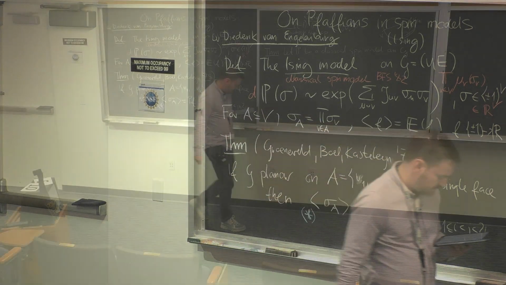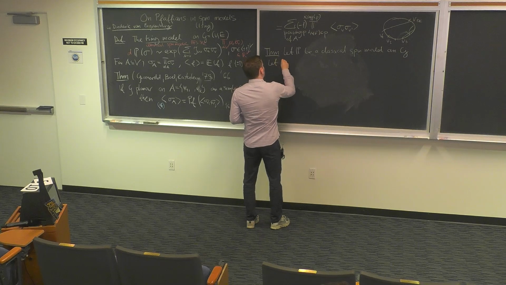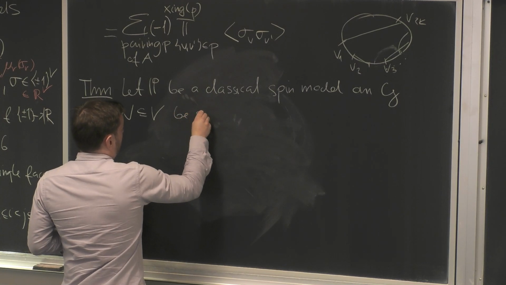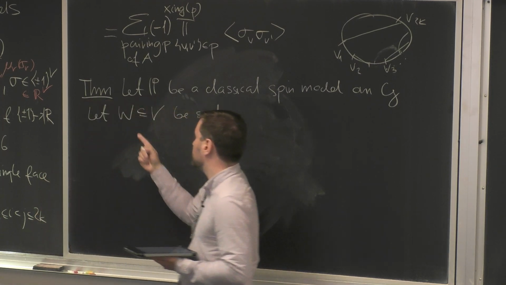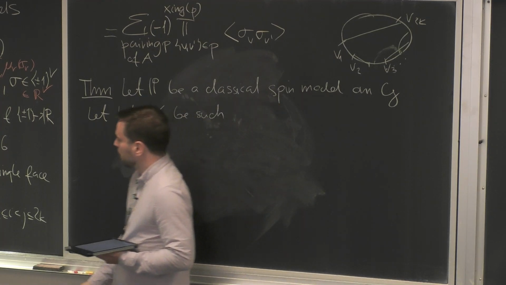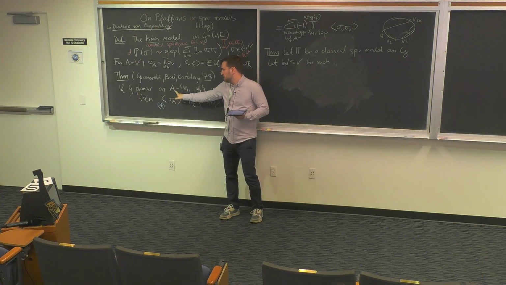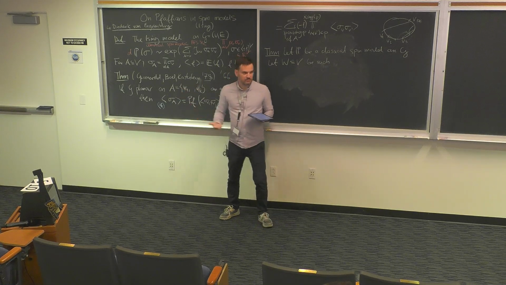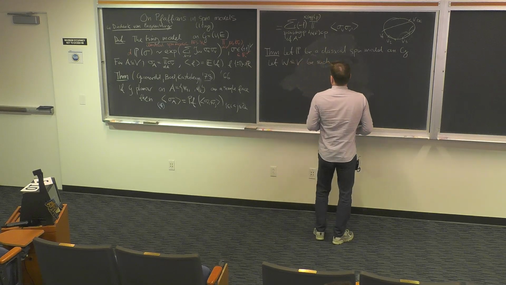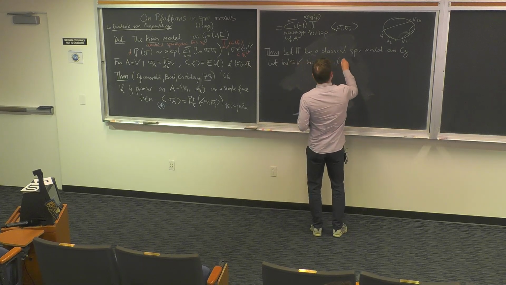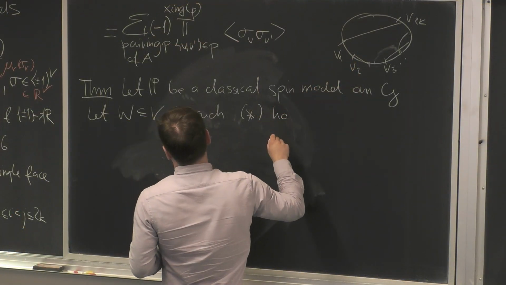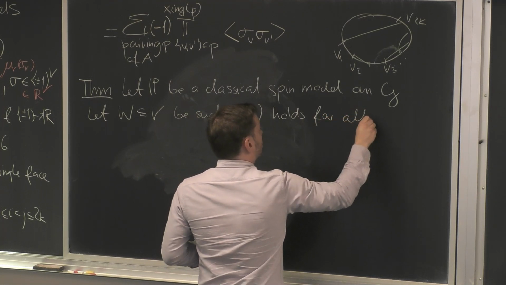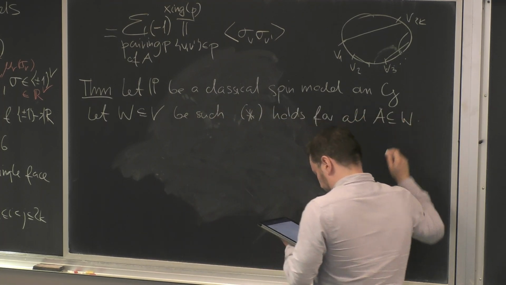So there is some special set of vertices, which I denote by W, such that this condition star holds for any subset of that set of vertices. So in that statement, I can take any subset of even cardinality of W, and it still lies on the same face of a planar graph, so the same thing holds. So I want this condition for any subset A of W.